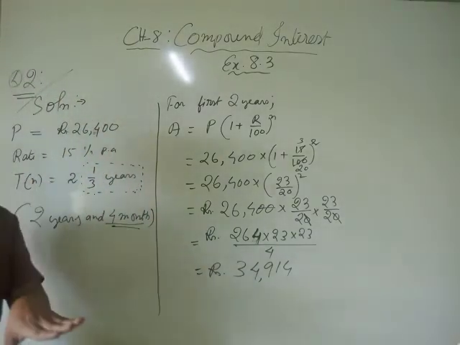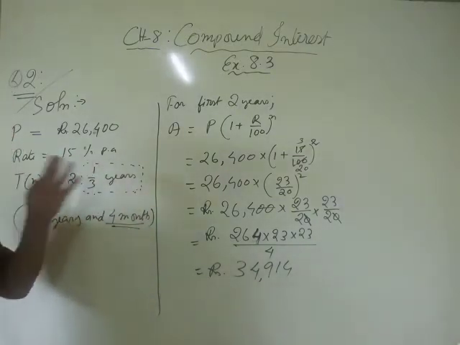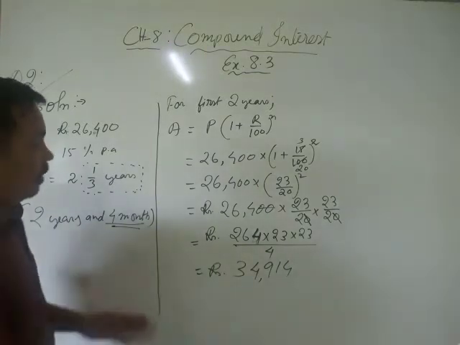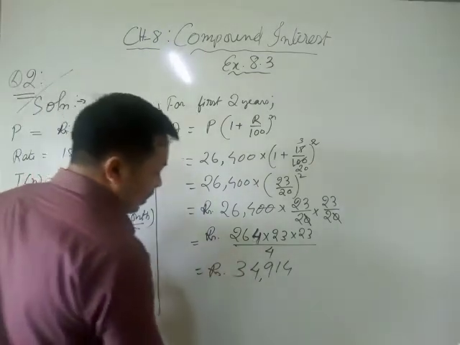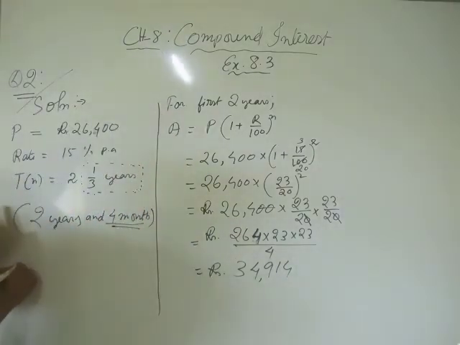So we'll take n as 1 year, and we'll take 1/3 of the rate. Rate will not be 15, rate will be 1/3. Okay, clear? So this is about the 2 years. Now next. Okay. So keep this somewhere. You get here amount rupees 34,914.